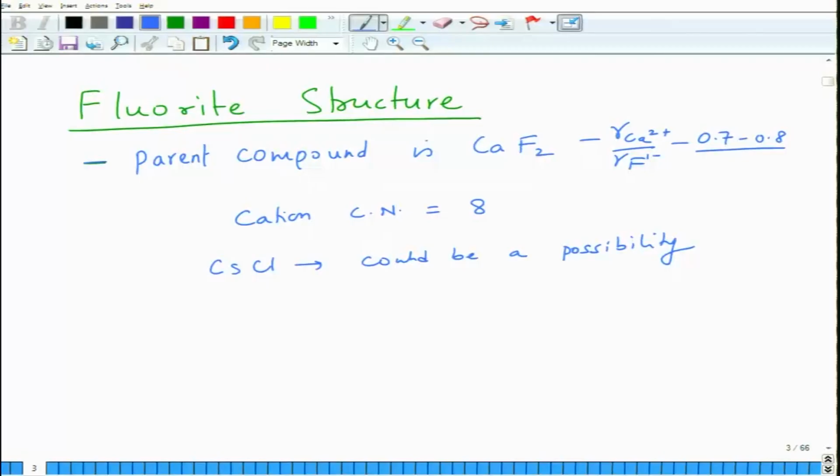However, the problem is that the fluorine will also be surrounded by 8 calcium atoms, which is not possible because of the bond strength check.